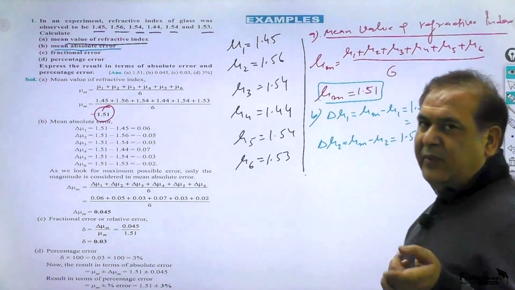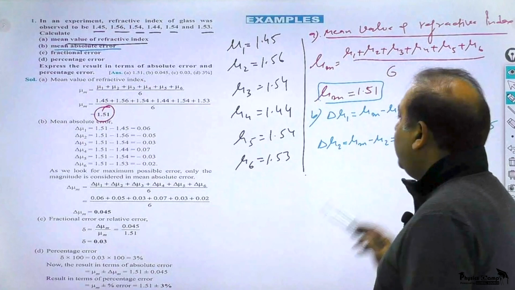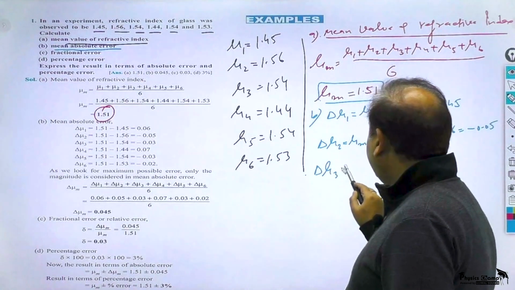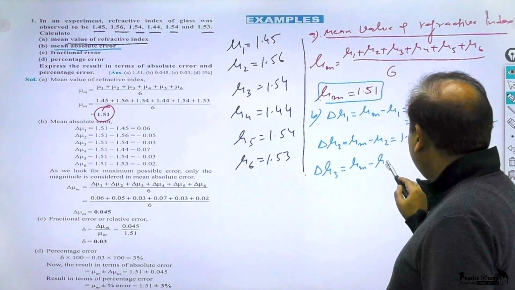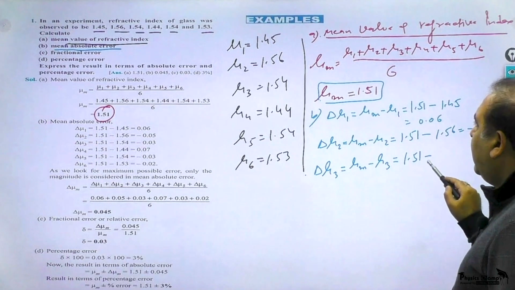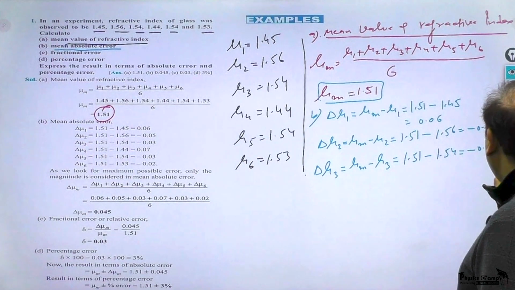But whenever we are talking about the mean absolute error, only the positive value will be taken. Similarly, the absolute error in the third reading is mu_m minus mu3. Mu_m is 1.51 and mu3 is 1.54, so it is minus 0.03.